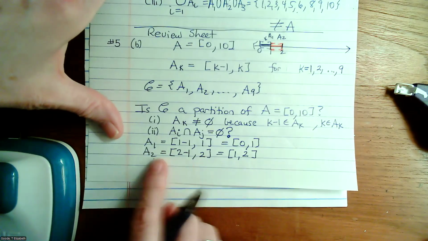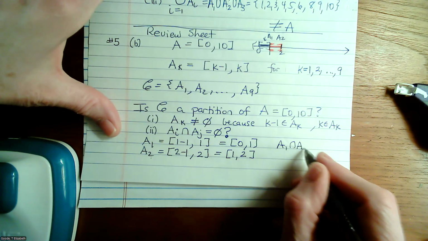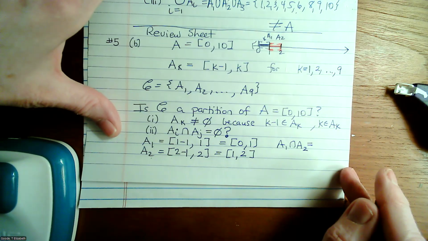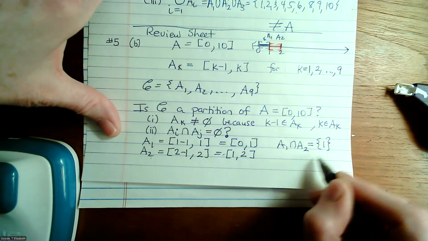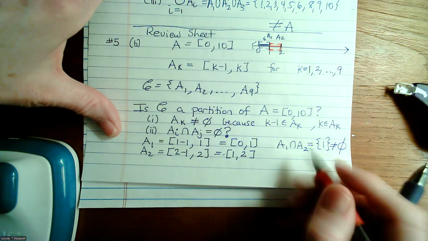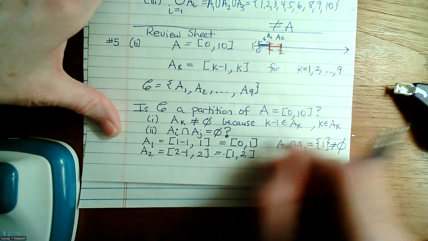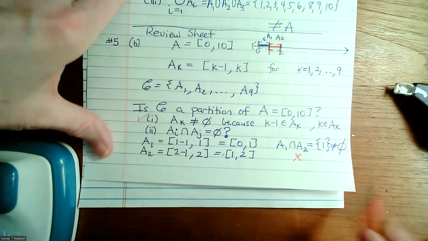When we intersect A1 with A2, what do we get? 1. Yeah, the number 1 is in both of them, and that is not the empty set. So this fails. This part is okay, but property 2 fails.